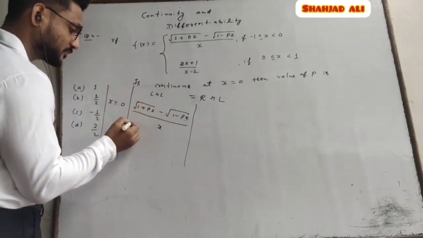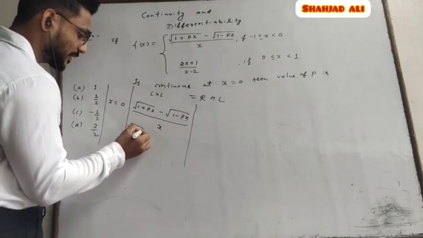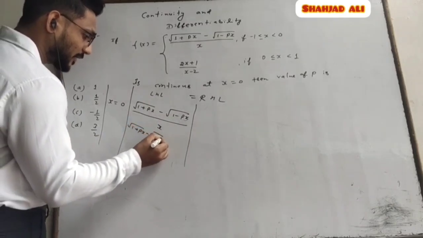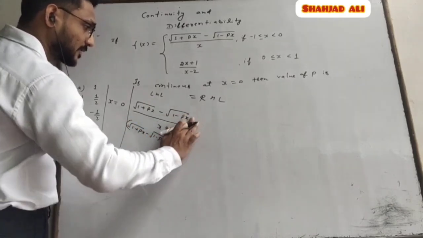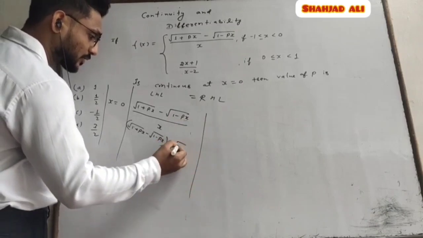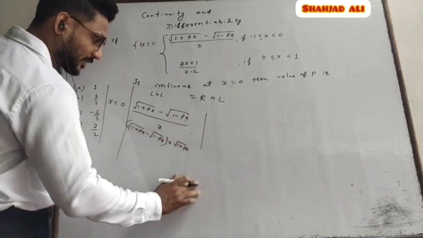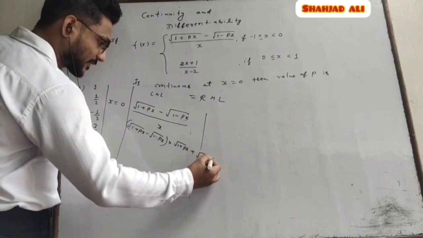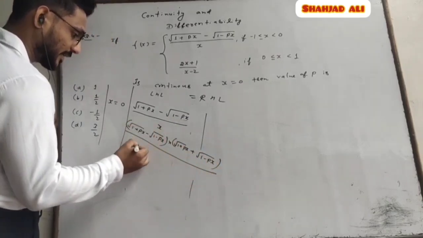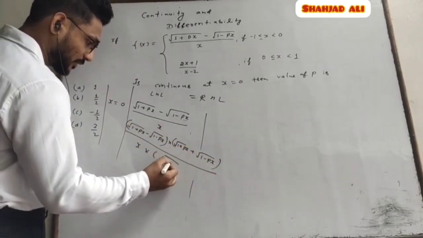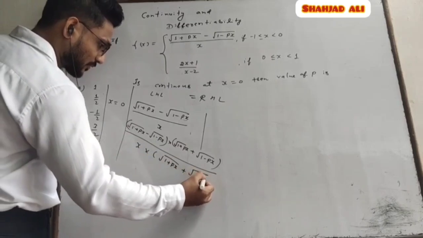So let's do it. Root of 1 plus px minus root of 1 minus px, right, into root of 1 plus px, this minus will become plus, and root of 1 minus px, divided by x into the same root of 1 plus px plus root of 1 minus px.